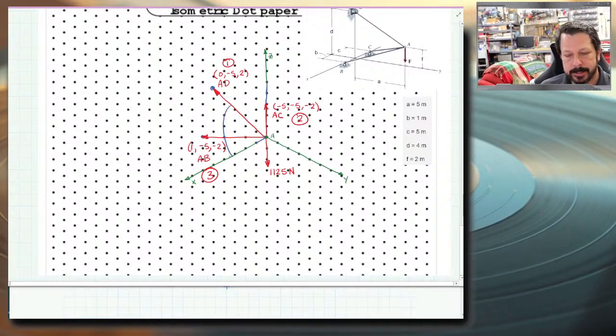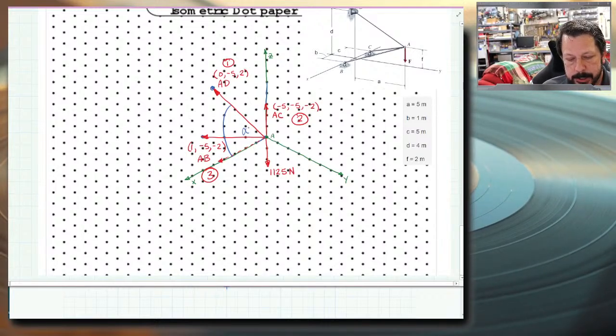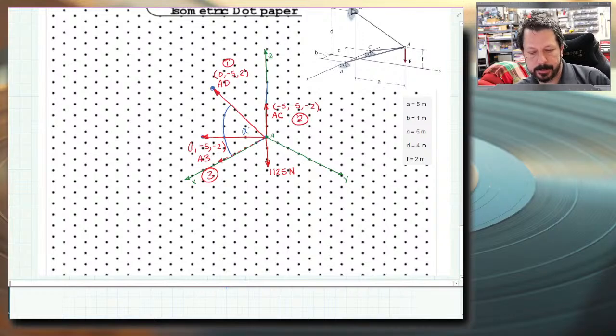Remember, AD is not in the XZ plane. It's actually in the YZ plane. So this angle creates a whole new plane. And what I want is this AD projected onto the x-axis like this. I don't know what this angle is. I'll label it alpha. I don't know what angle alpha is, but this plane is kind of tilted to the left, you might call it.